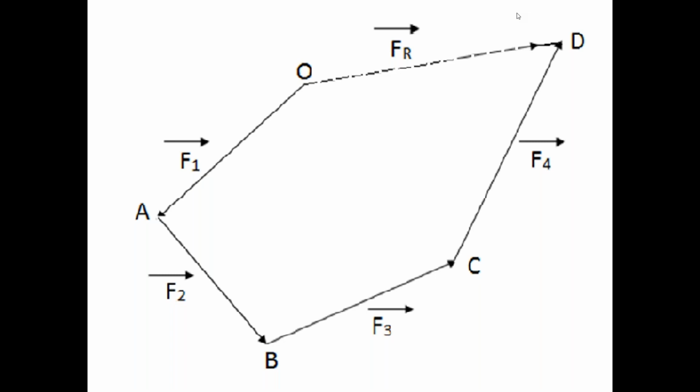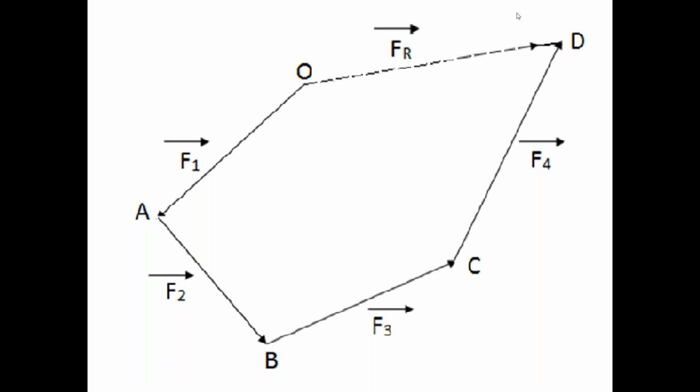But sometimes the rigid body is subjected to a number of coplanar concurrent forces. Just now we discussed four forces acting on the rigid body: F1 bar, F2 bar, F3 bar, and F4 bar. These are the coplanar concurrent forces acting on the rigid body.